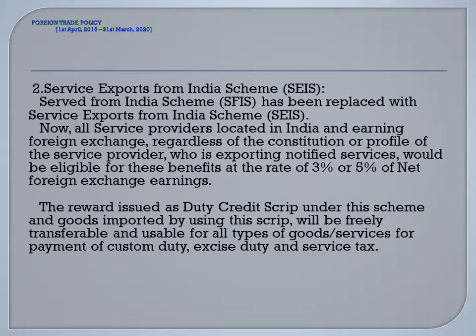The reward is issued as a duty credit scrip under this scheme, and goods imported by using this scrip will be freely transferable and usable for all types of goods or services for payment of customs duty, excise duty, and service tax.